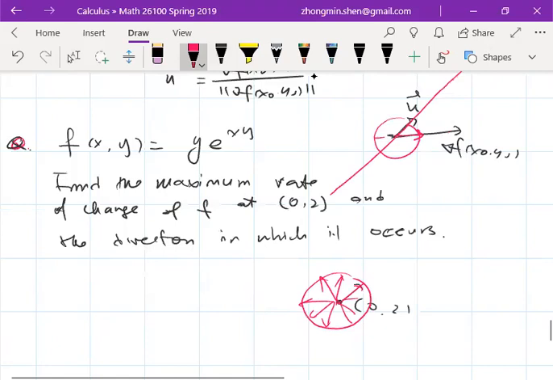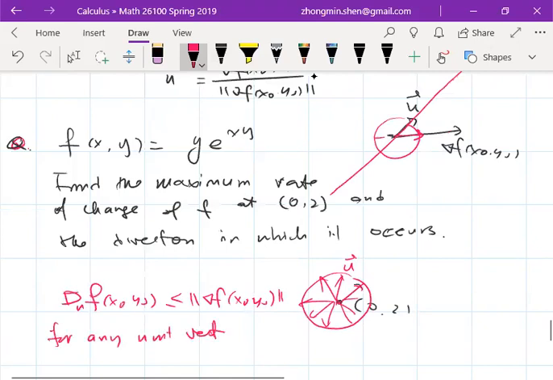So according to our formula, since this is a unit vector, let's write this down. This is going to be the length of the gradient. This is the maximum possible value for any unit vector u.